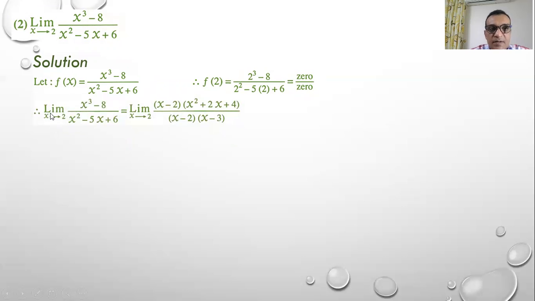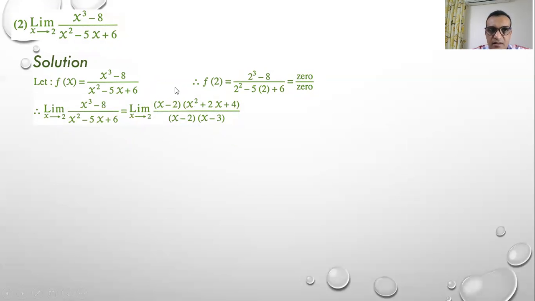Then, the limit of x to the power 3 minus 8 over x squared minus 5x plus 6 equals the limit when x approaches 2, and by factorizing we get x minus 2 multiplied by x squared plus 2x plus 4 over x minus 2 multiplied by x minus 3.